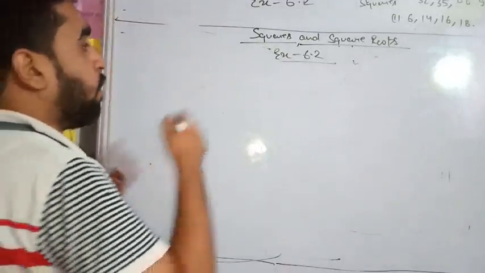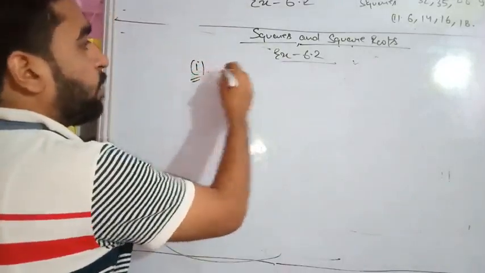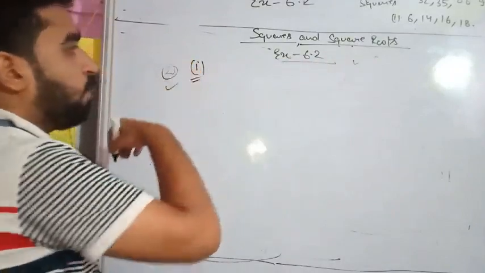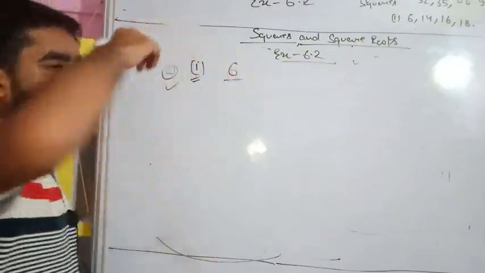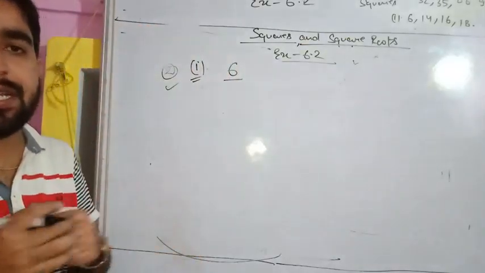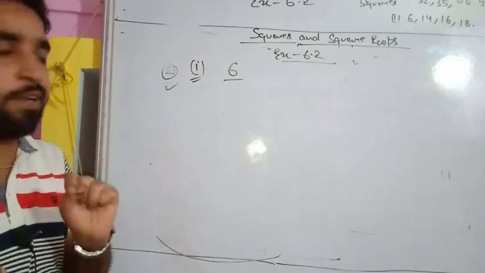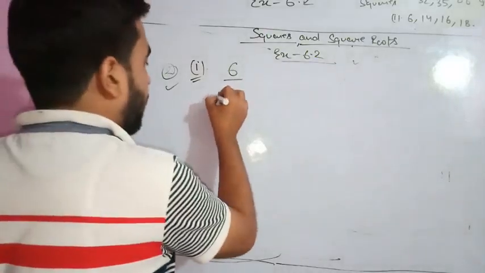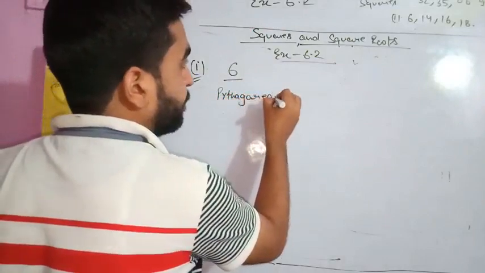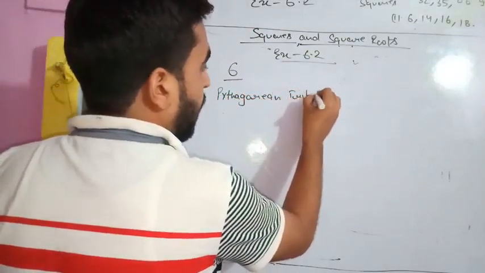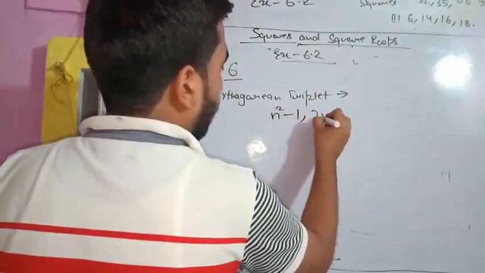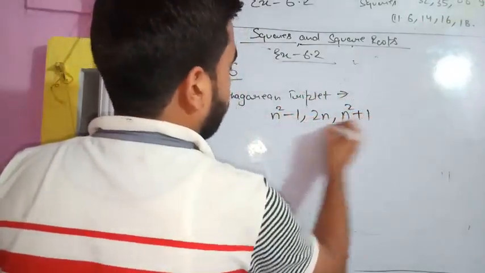Now find the Pythagorean triplet whose one member is 6, second question, first part. Firstly, you have to learn what a Pythagorean triplet is. So students, you have to learn one formula. Pythagorean triplets are always written as n square minus 1, comma, 2n, comma, n square plus 1.